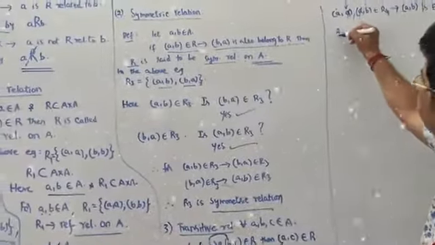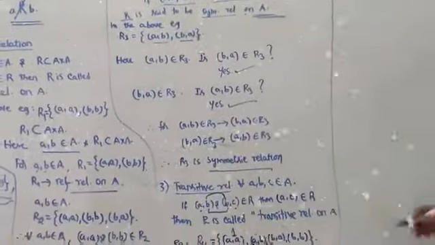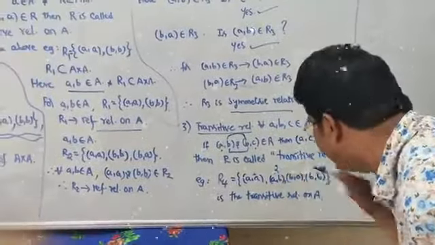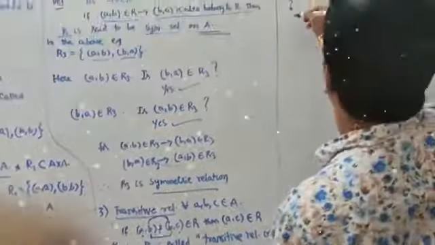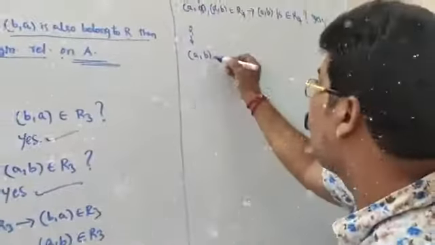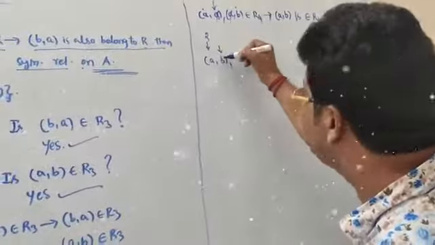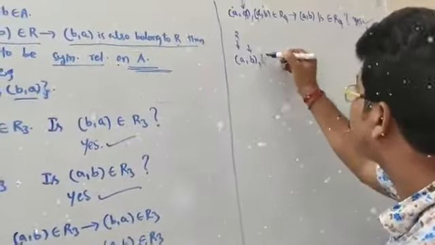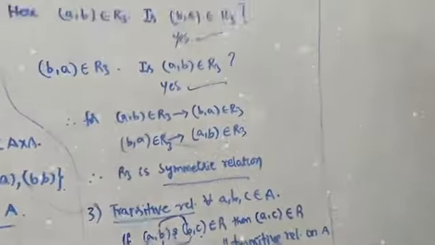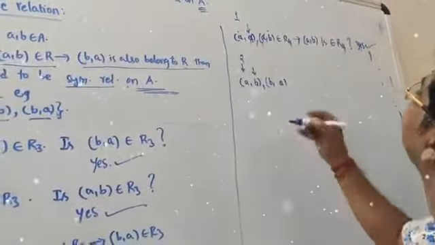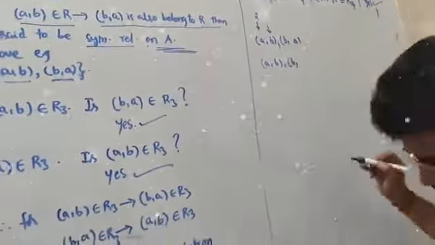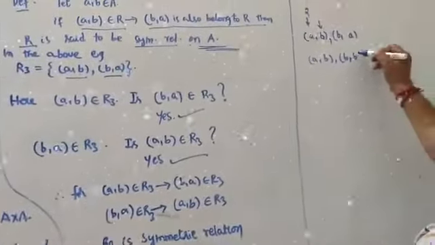Next, I am taking the second element, (A, B). It ends with B. So starting with B, how many elements are there? Take the first case and next this case, (B, B).